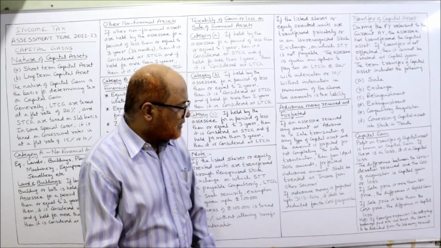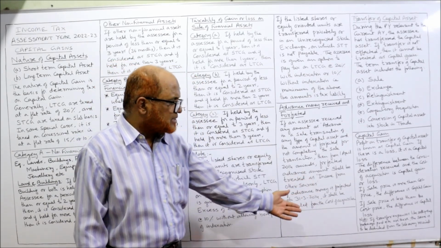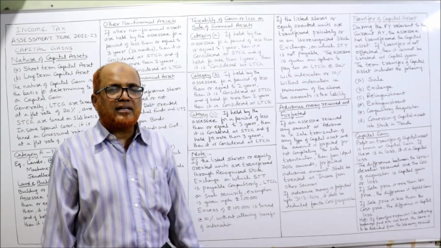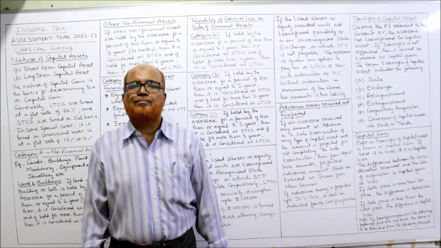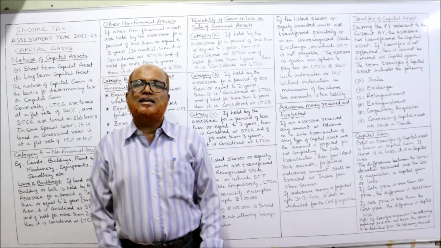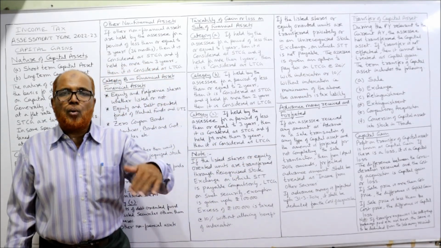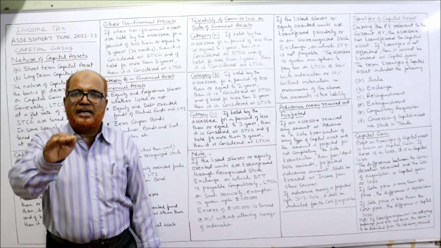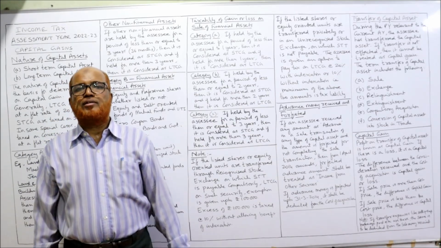Lastly, note, if transfer expenses, selling expenses, brokerage paid, etc. are there, the same should be deducted from the consideration received. Example, sometimes to sell the asset, the assessee has incurred some selling expenses, brokerage paid. Those will be deducted from the consideration received.